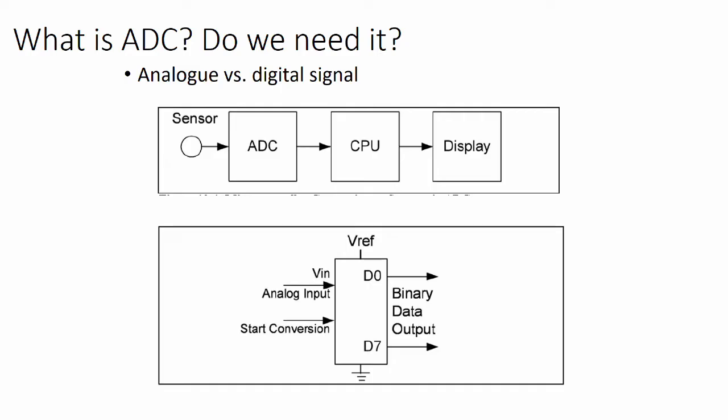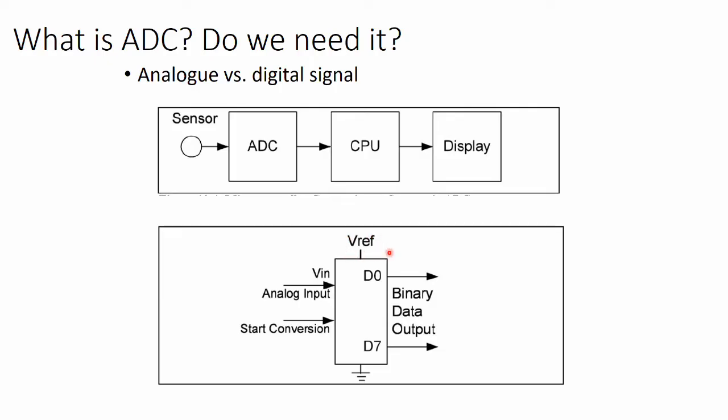Now, the second figure shows you the schematic of analog to digital converter. Basically, what is analog input? Analog input is certain voltage that is provided as input to the chip. Typically, it is varying from 0 to 5 volts. And we give one start of conversion command and we provide certain reference voltage.